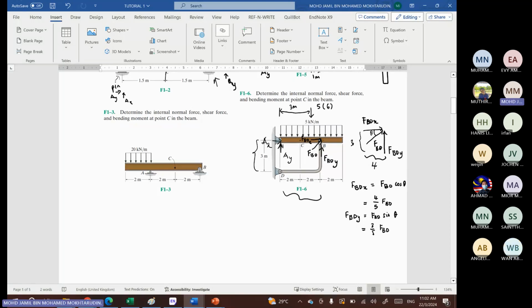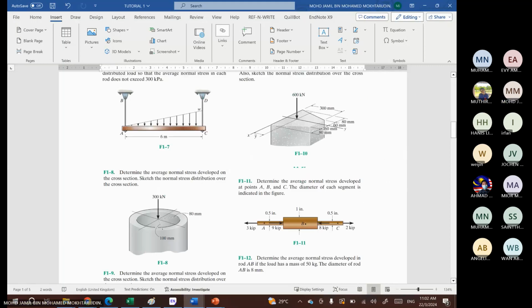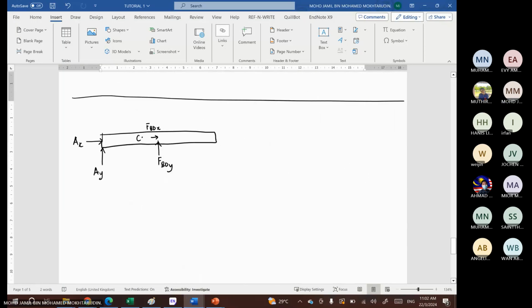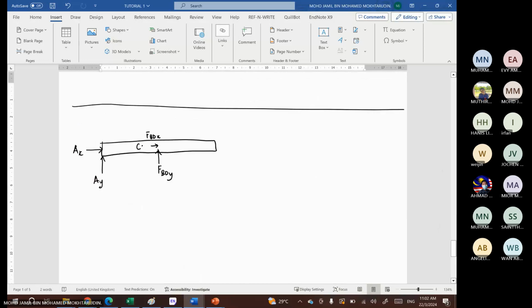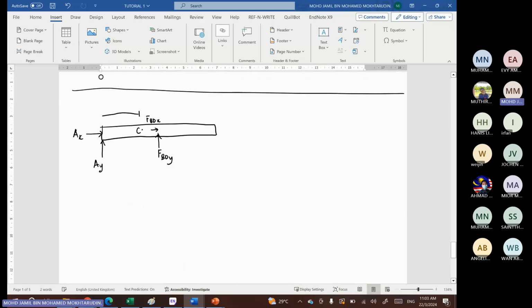And then find 5 times 6. So this is 2 meter. And then we have this point, 5 times 6.